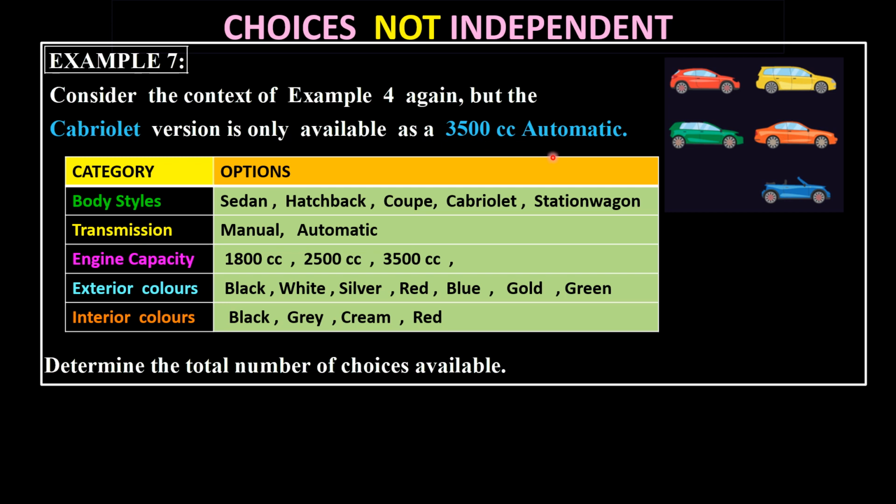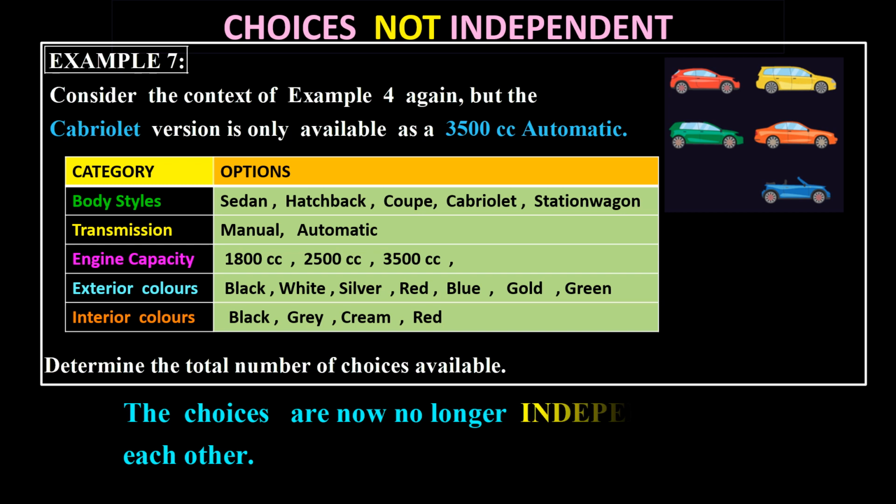You don't have it in the other. So we want to determine the total number of choices available now based on this. Now we can see the choices are no longer independent of each other. So it depends what you choose. If you choose a sedan, you've got some options. If you choose a cabriolet, your options are different, right?